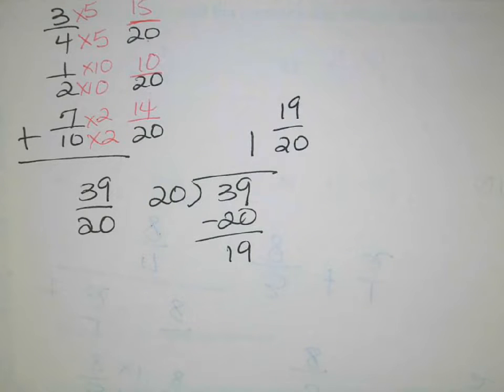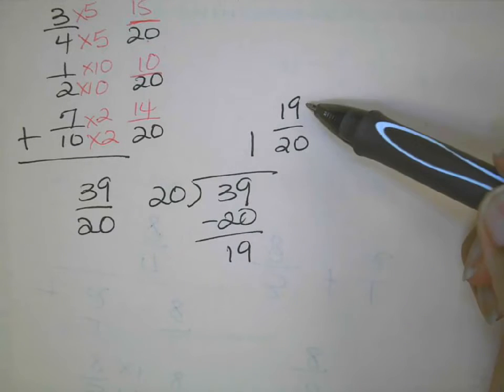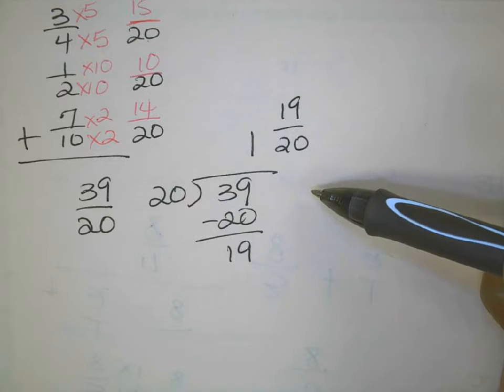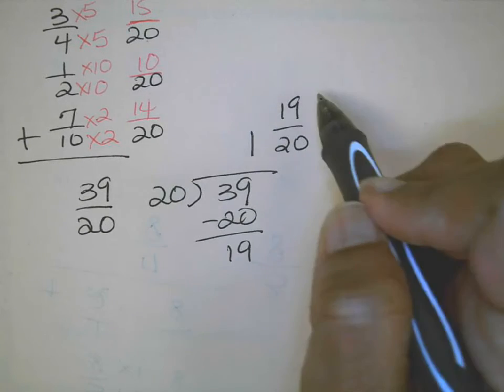Now, can I draw my stop sign? Why? Why can I draw my stop sign now? The only factor that will go into both 19 and 20 evenly is 1. And when it's 1, you're done.